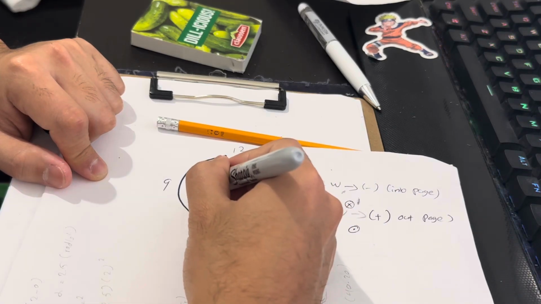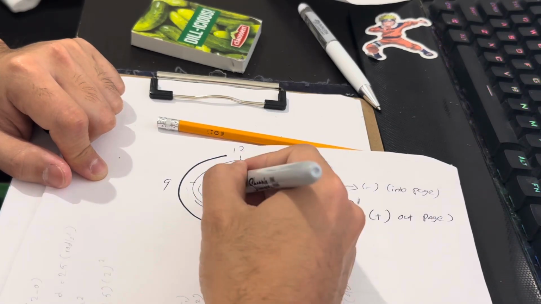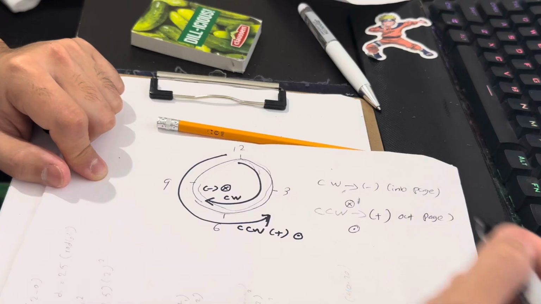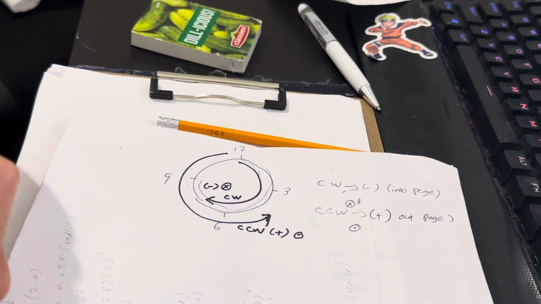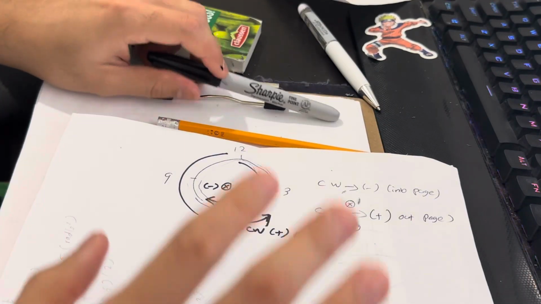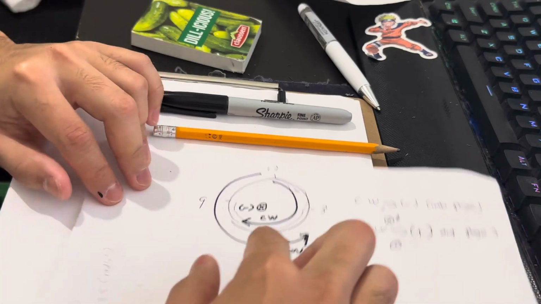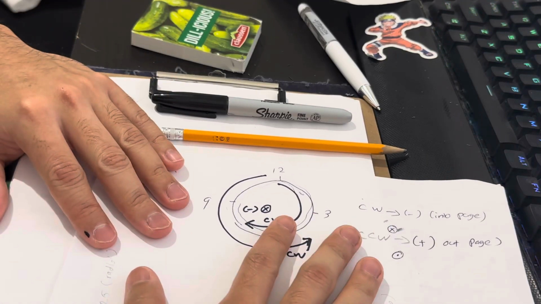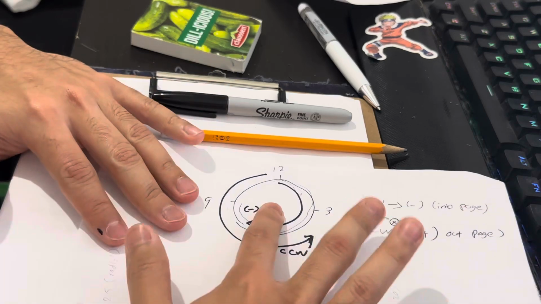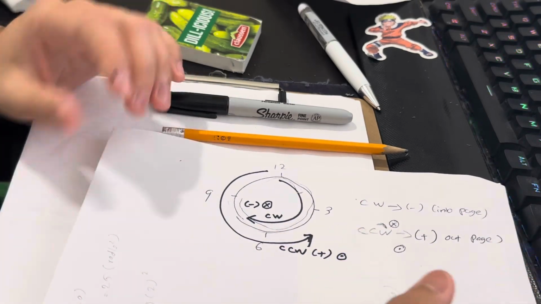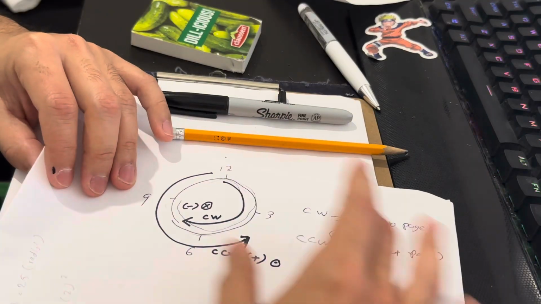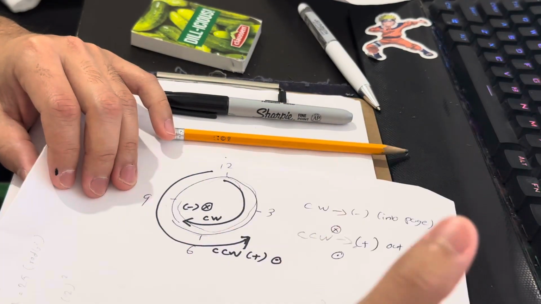Clockwise is always negative, the sign is into the page. That's what you need to know about this problem. If you know about this, it's going to be very easy. This is the main point. So all you need to do is this, and the other thing is just plugging in the numbers.